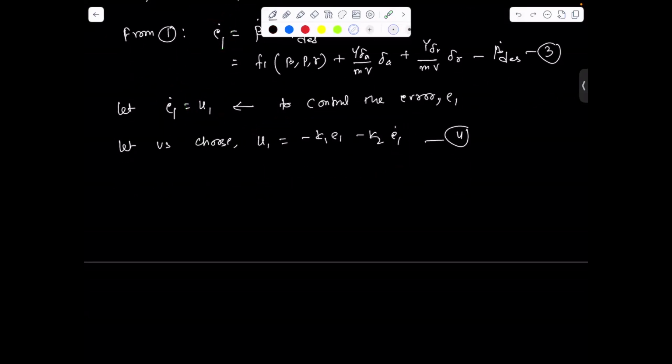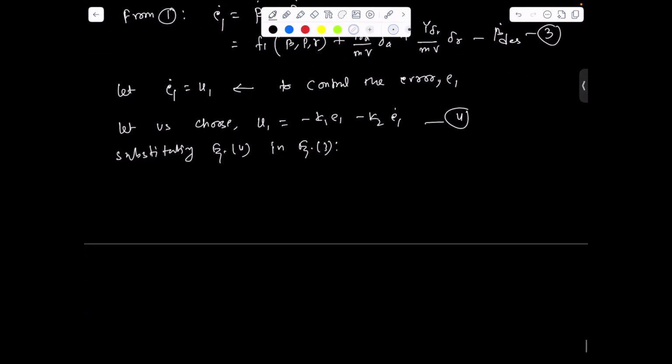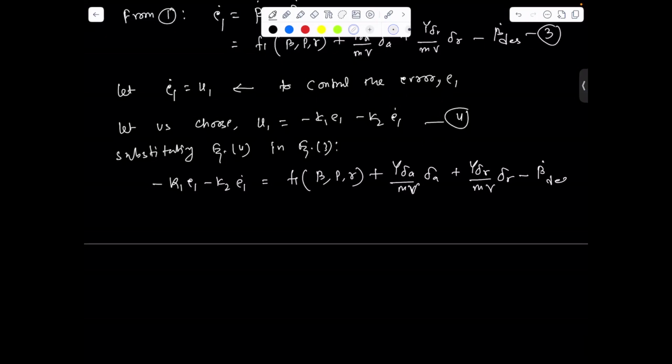So substituting equation 4 in equation 3, we can write minus K1 E1 minus K2 E1 dot equal to F1 beta PR plus Y delta A divided by MV into delta A plus Y delta R by MV delta R minus beta dot desired.